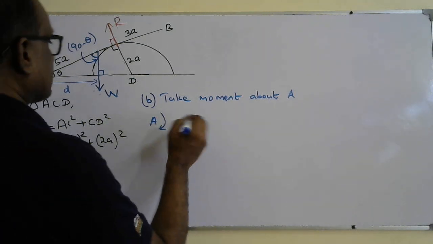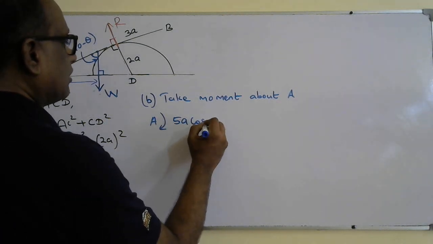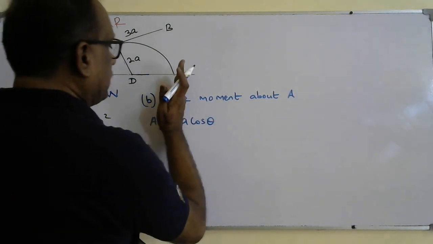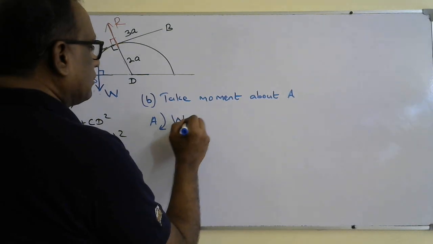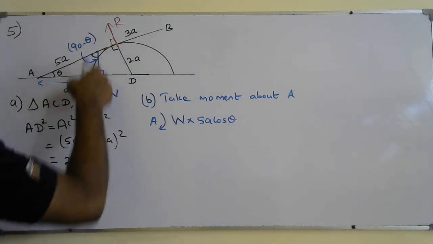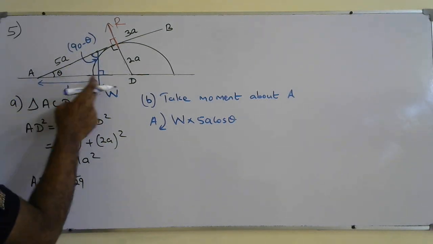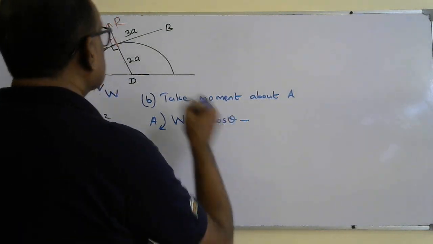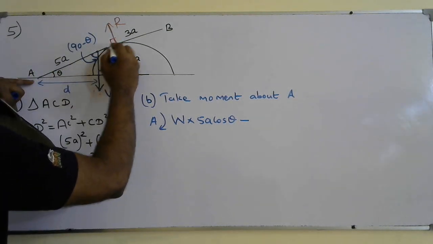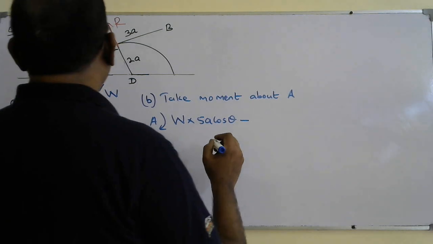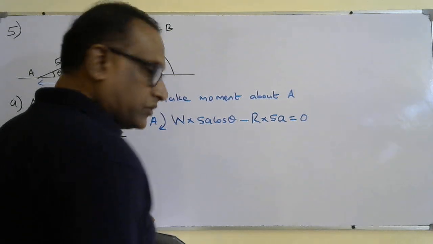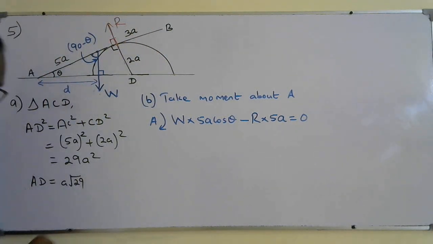So weight W into 5A cos theta is the clockwise moment, minus, because R will provide anti-clockwise, this is the perpendicular distance, R into 5A equal to 0, because the rod is at equilibrium.